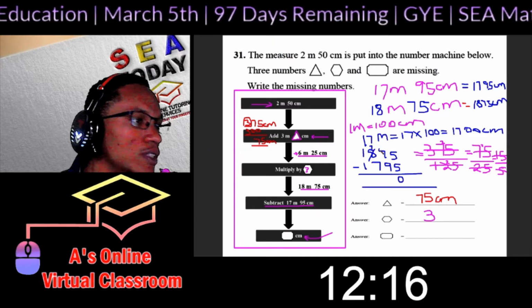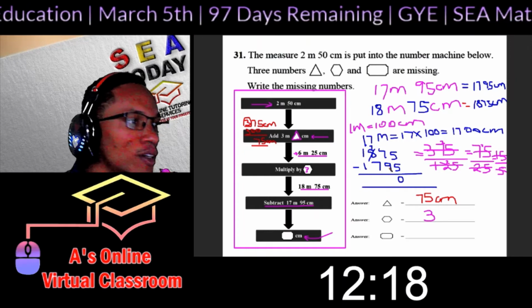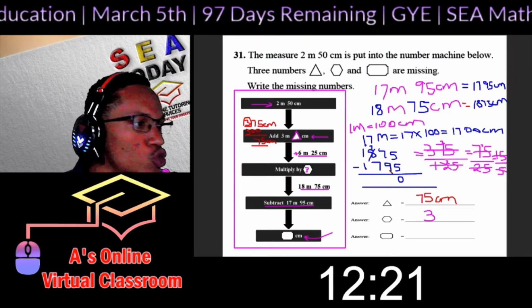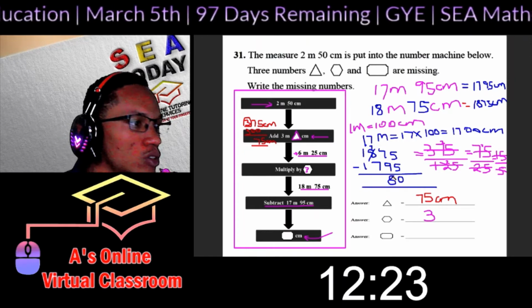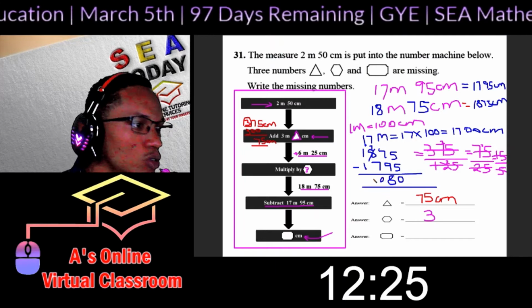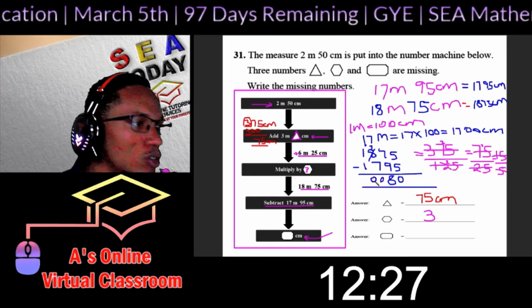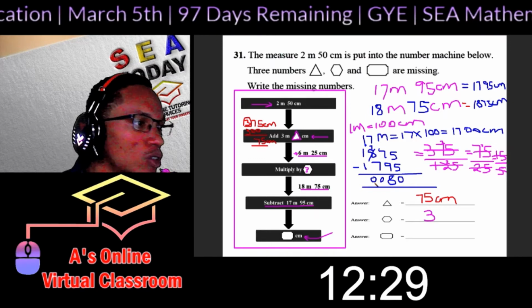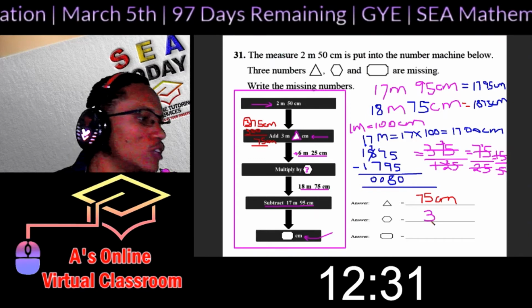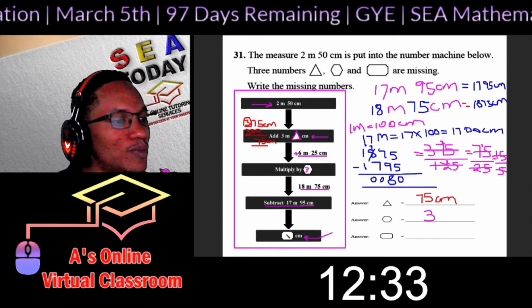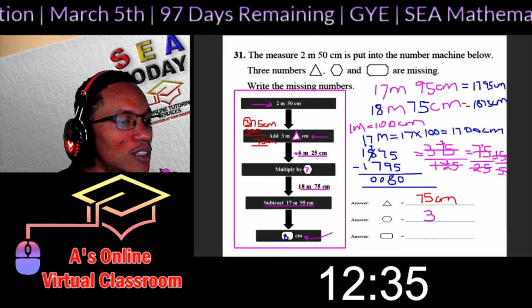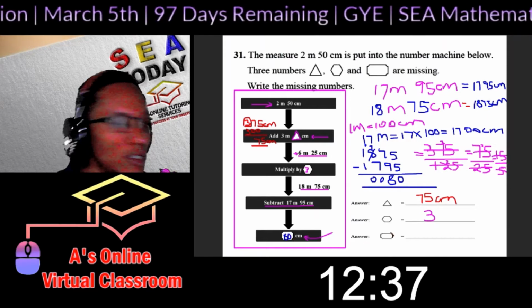And here we have 17 take away 9, which is 8. And then we get 0, 0. 9, yes. So that gives us 80. So the final answer in our number machine would be 80.